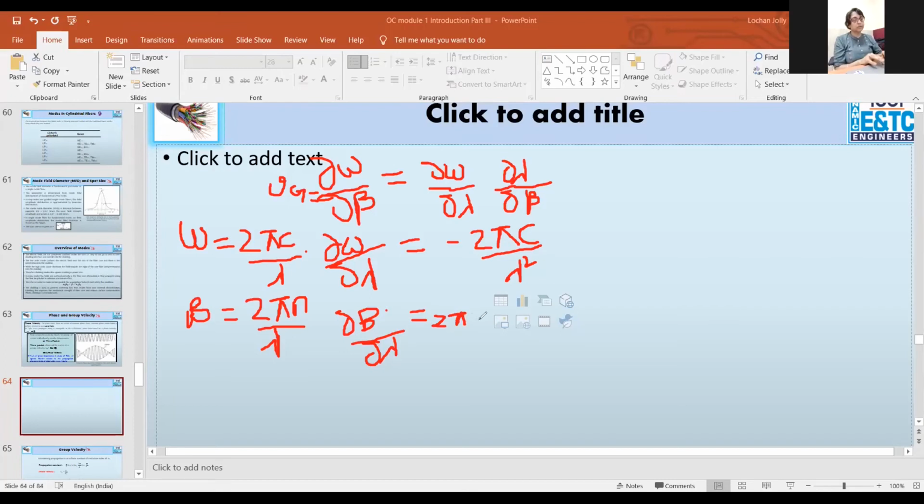The first term, when I am assuming lambda is constant, is del n by del lambda. Correct? And the second term, when I assume n is constant, is minus 2 pi n by lambda square.